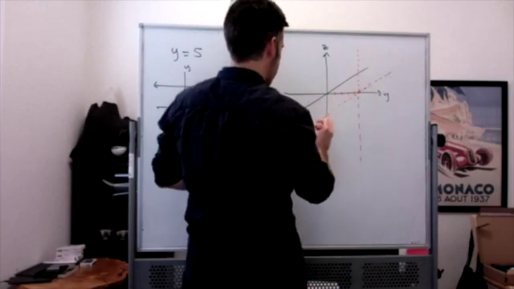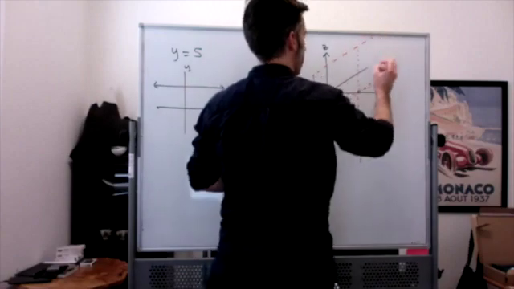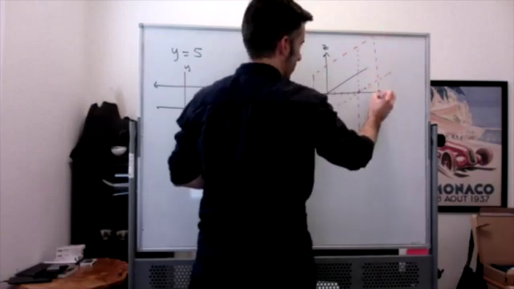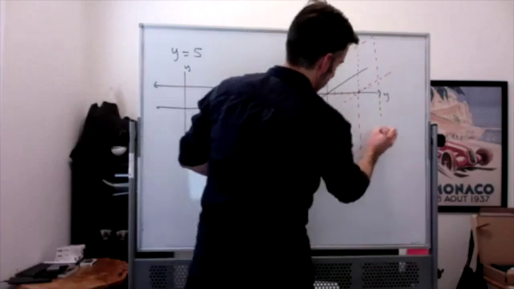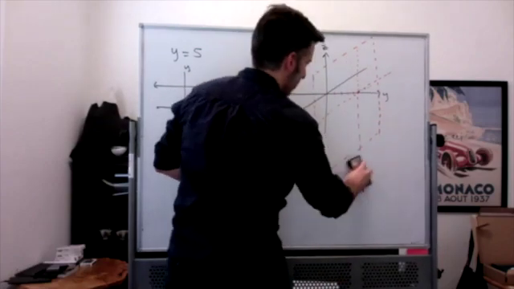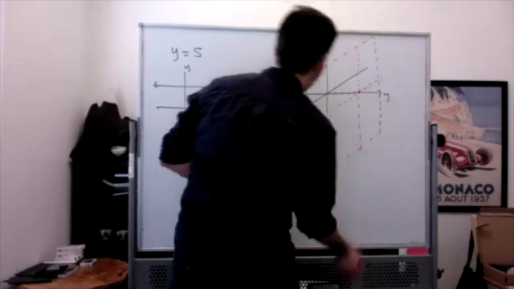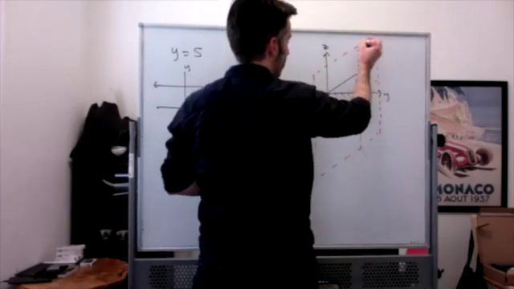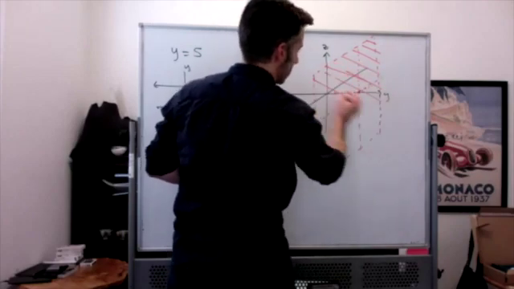So you get an entire plane's worth of results. Sorry, my planes are not going to look that good, because it's me drawing. You get an entire plane where the y value isn't changing, but the x and z values can be anything.